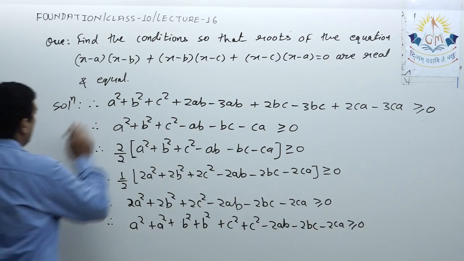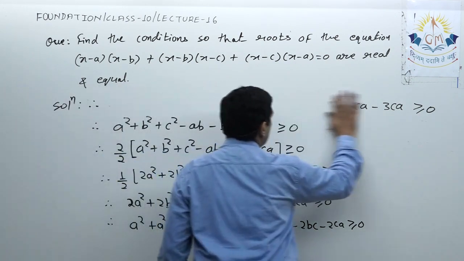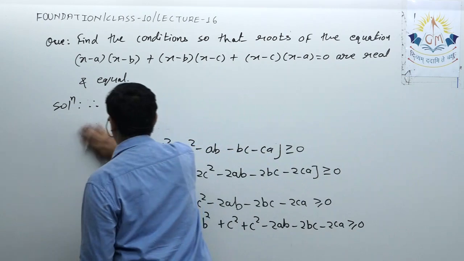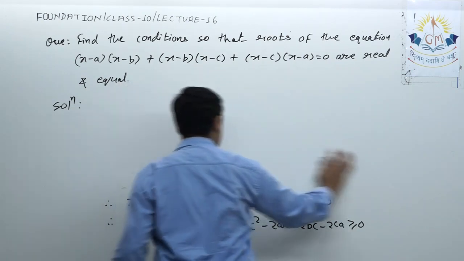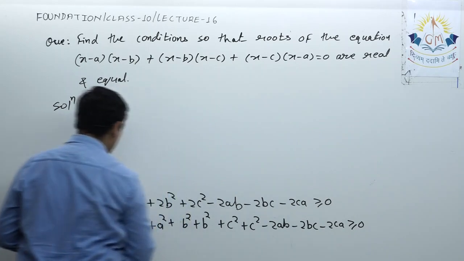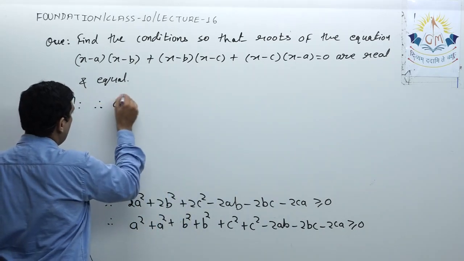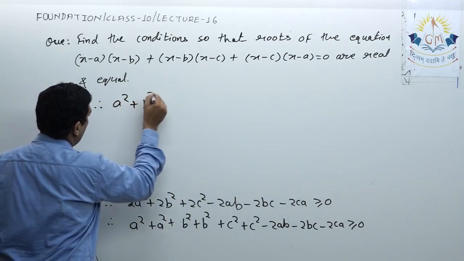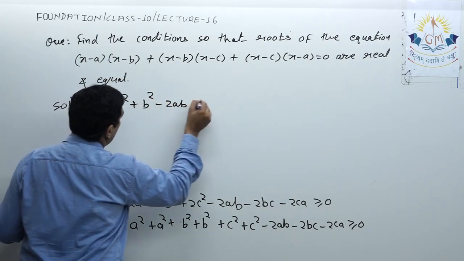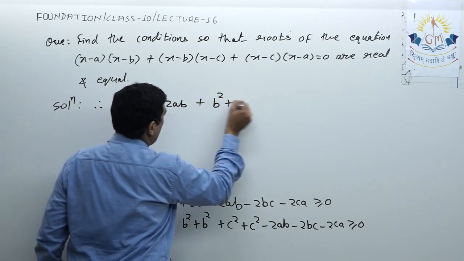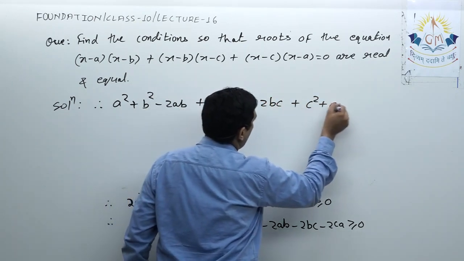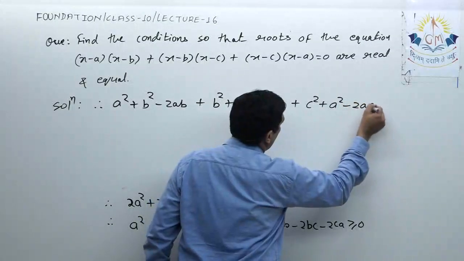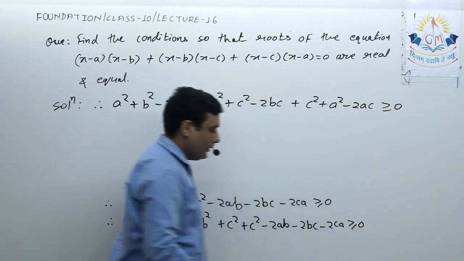Okay, so let us see how to solve it further. Now I write a square plus b square minus 2ab plus b square plus c square minus 2bc plus c square plus a square minus 2ca.